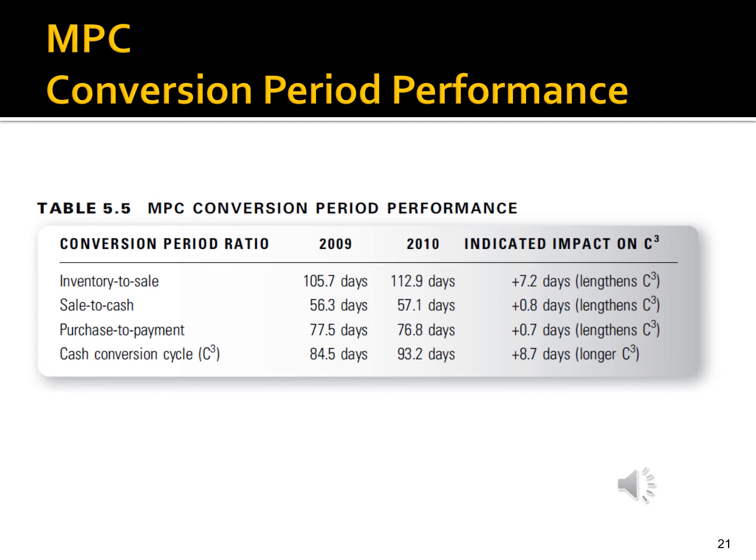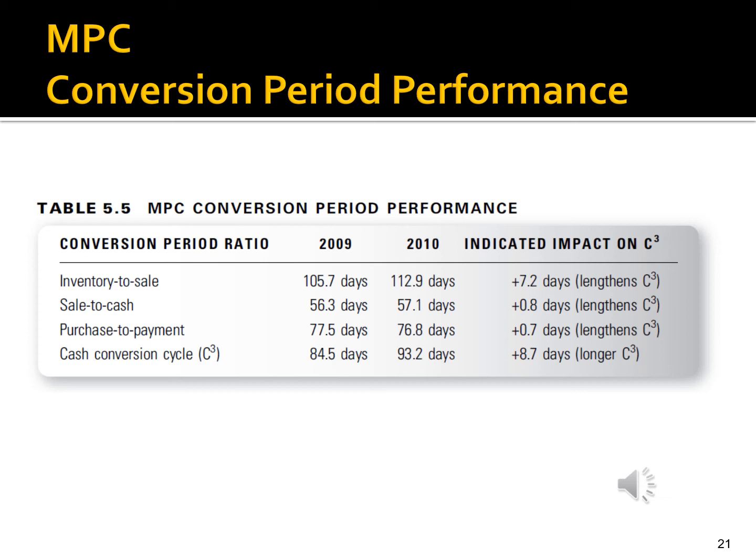The summary that we can make based on the MPC example: the conversion period for inventory to sale is 105 days in 2009, and 112 days in 2010. So the performance is about 7 days worse. For the business to enhance its efficiency, it has to reduce the conversion period.